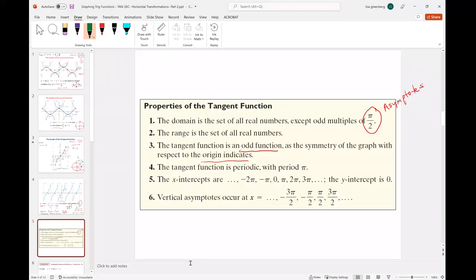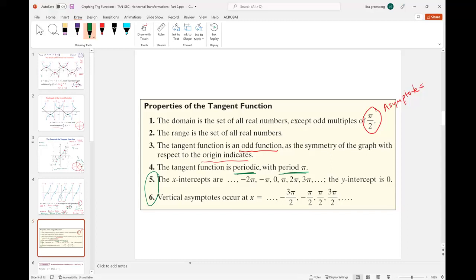Odd and even will come in, we will talk about them more and more as we go, so I don't want to leave that out. So the tangent function is periodic. And as I said before, the tangent and the cotangent are the only two trig functions that have a period of pi. I wouldn't worry about these two things. These two things you can figure out on your own. I wouldn't memorize that.